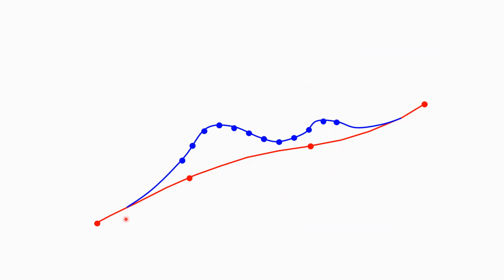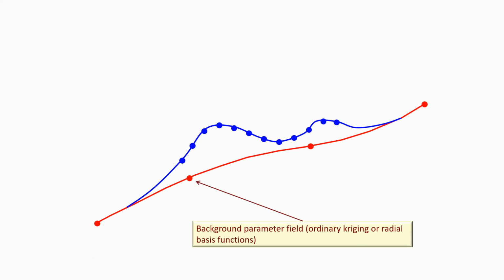Background parameter field, multiplier parameter field fading back to 1, interpolation taking place using simple kriging. And that allows us to accommodate in a seamless way much greater parameterization density in this area than in the background area. Background interpolation can take place in whatever way we like, ordinary kriging or radial basis functions.